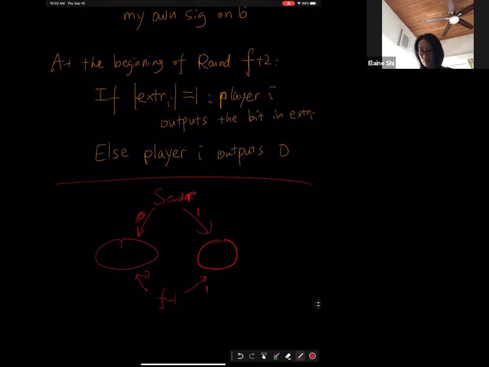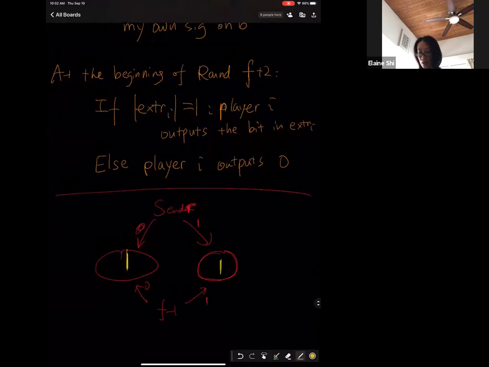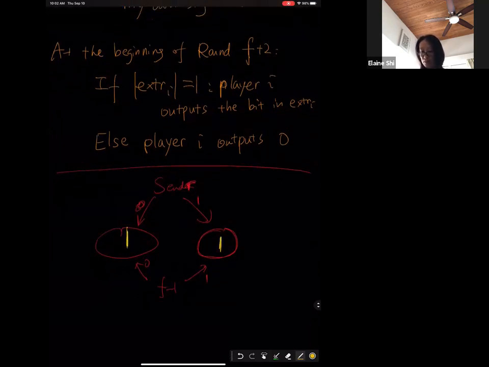Okay, so any honest nodes in those two halves, let's say there's one honest node here and one honest node here. So this is one honest and this is the other honest. In the first round, the sender sends 0 to this half and sends 1 to the other half, right?